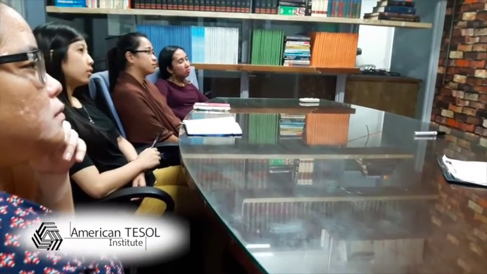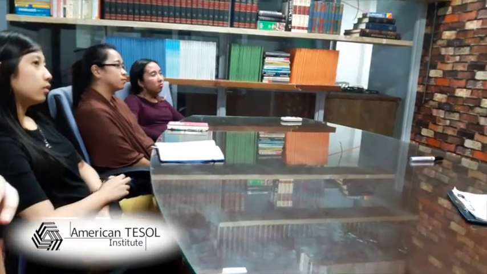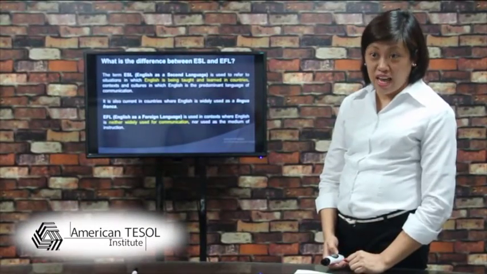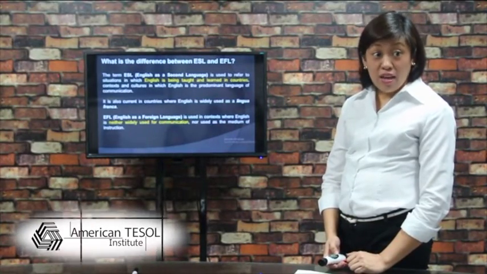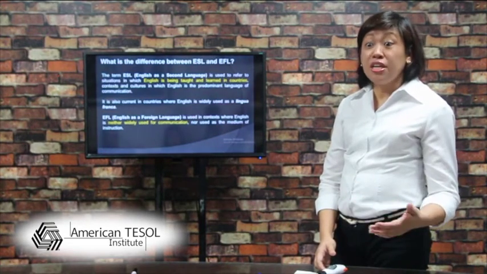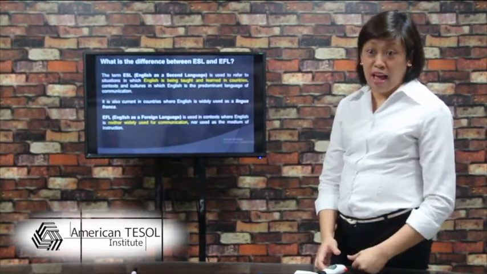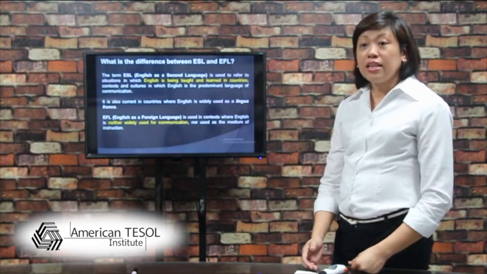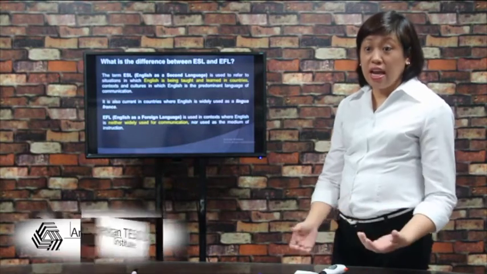So ESL and EFL have different syllabus and teaching practices inside the classroom. Okay, why? Because in ESL, they have exposure beyond the classroom in the target language, unlike EFL, wherein the target language is only inside the classroom.